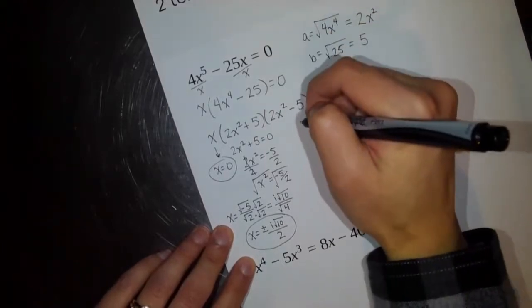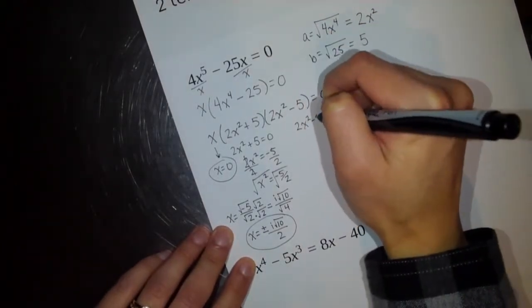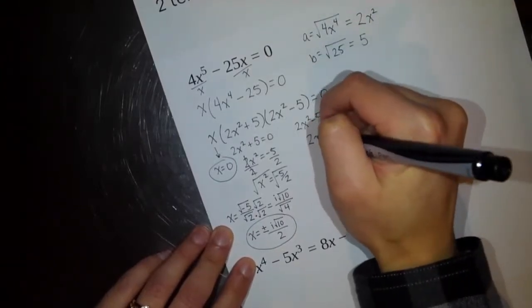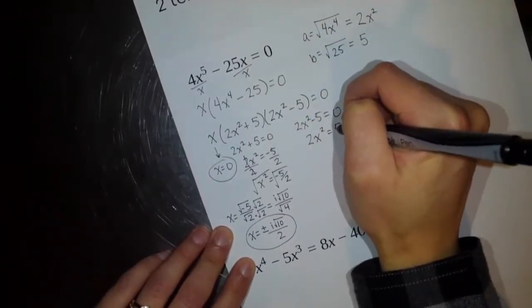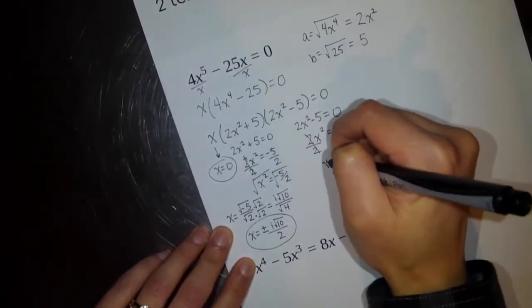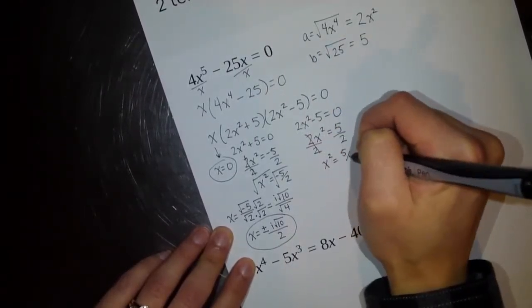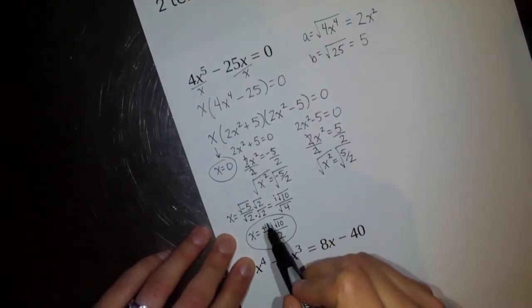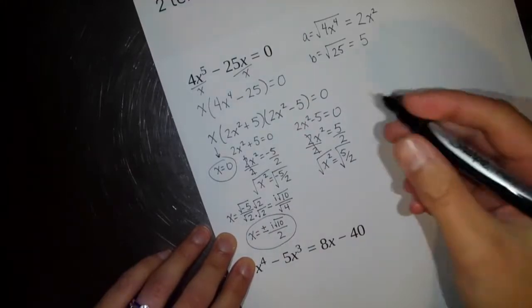The next one, 2x squared minus 5 equals 0. I would add 5 to the other side. Divide out the 2 before I take the square root. And then now take the square root. So this is going to come out similar to what we have here.